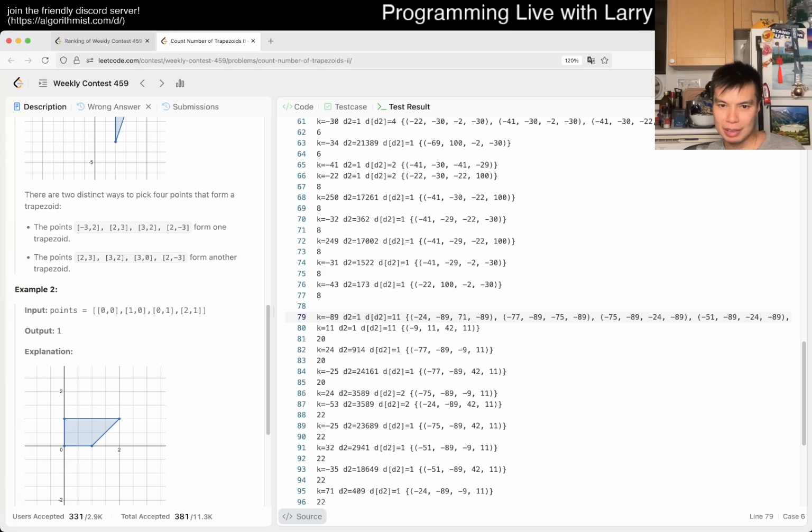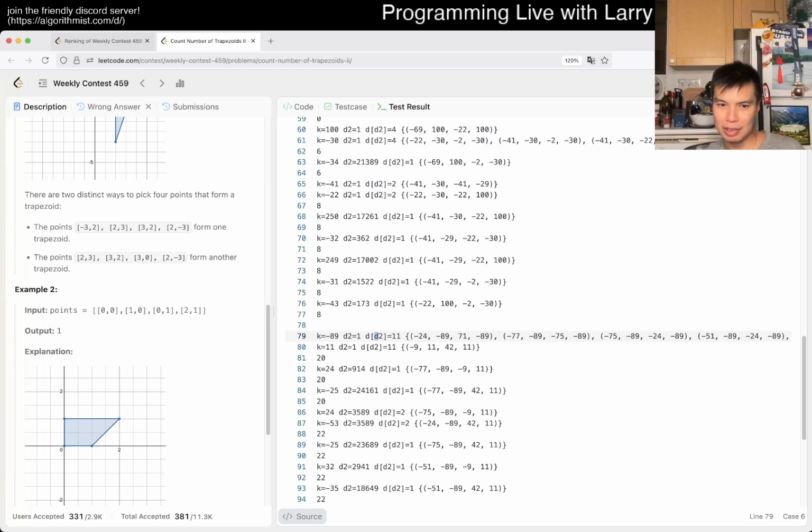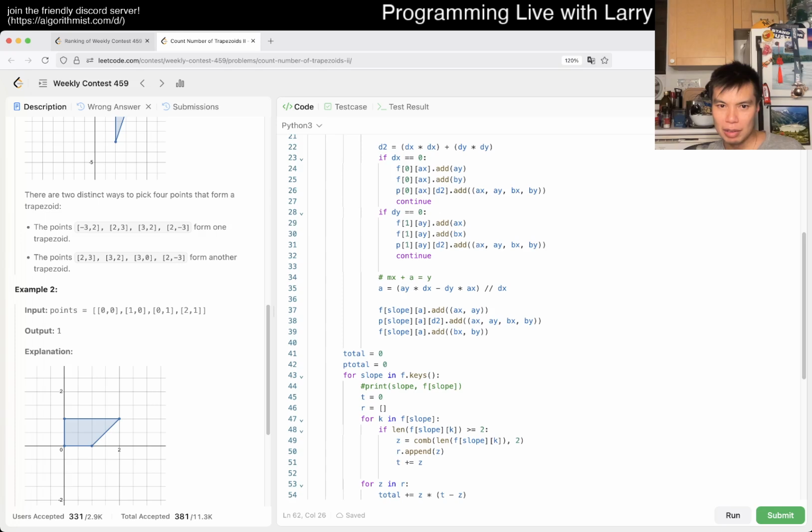Why is this distance way more than 11? What am I doing wrong? Right? This distance should be... Oh no, it's D2. D2 should still not be 1. K is the intercept, D2 is not 1. So maybe that's why it's wrong.